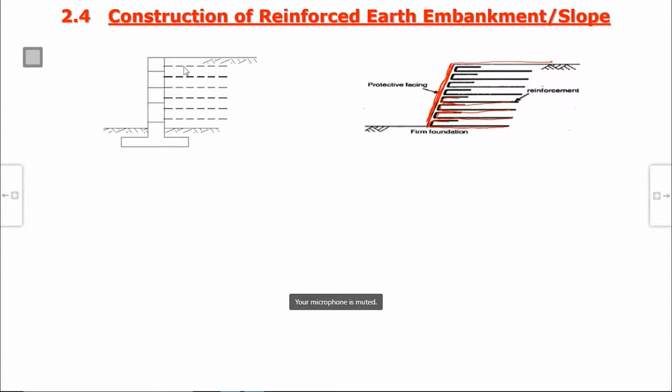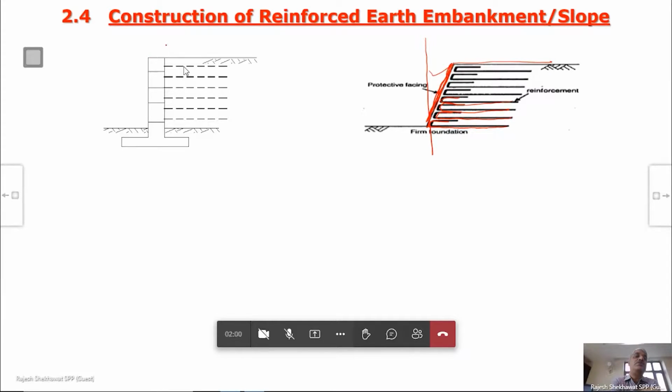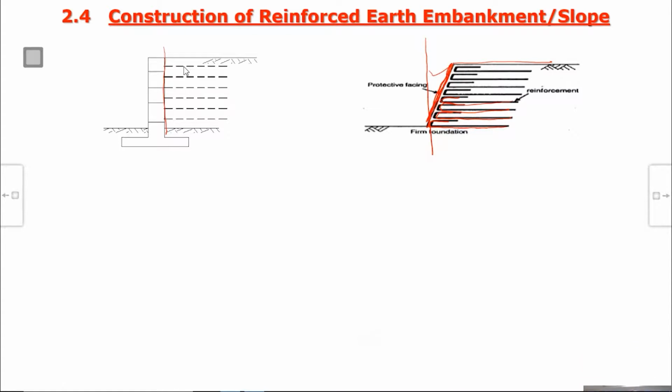So you can construct a steeper slope than what otherwise you would have constructed. This is a reinforced earth slope, and in its maximum case, this can be as steep as 90 degrees, almost vertical. Here you have constructed an almost vertical embankment like this, and then this is the protective wall.